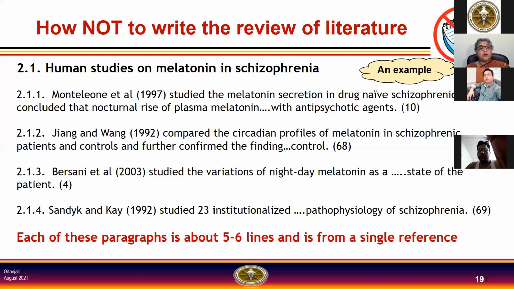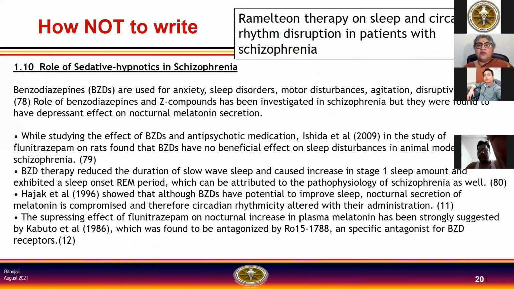But what we want to know is how this impacts what you are studying. Each of these was a paragraph of about 5 to 6 lines, and each paragraph was from a single reference. So this is how we don't expect it to be written.